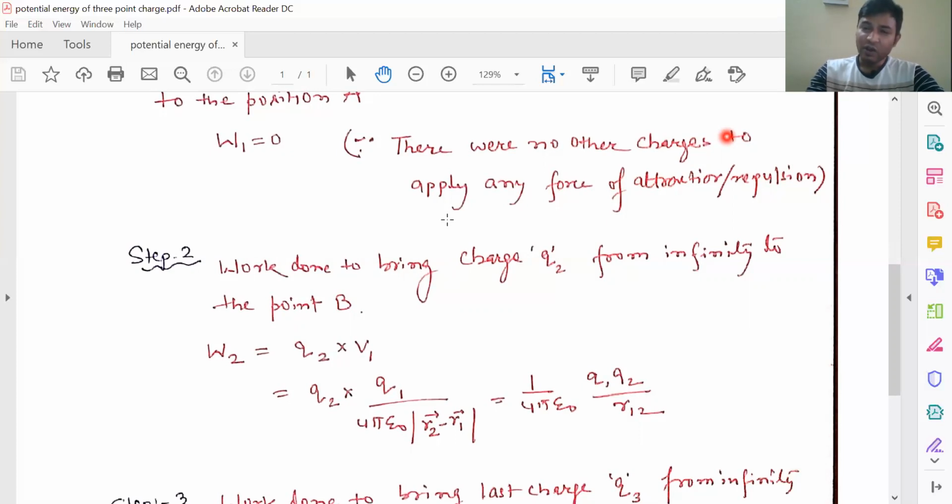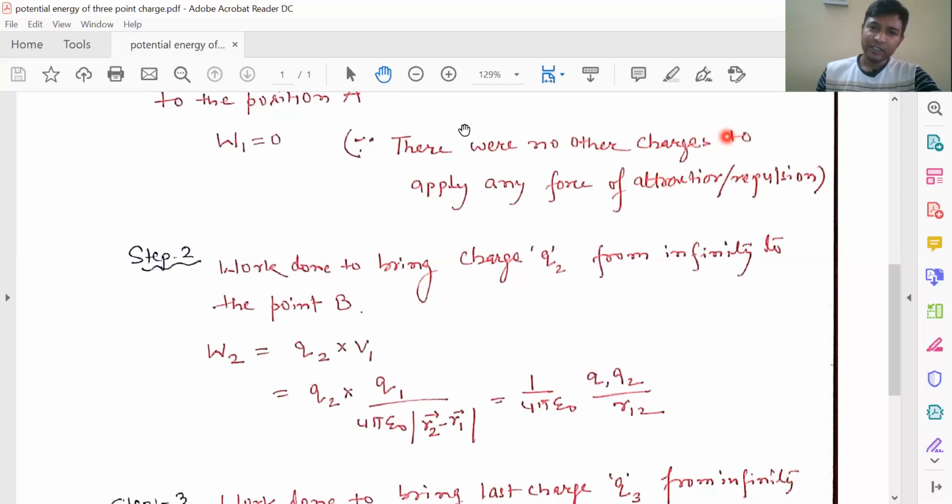So how much force will act? The force is equal to QE. But from the definition of the potential, we know very well that potential is the work done to carry a unit positive charge from infinity to the point, without any acceleration, to be more precise.